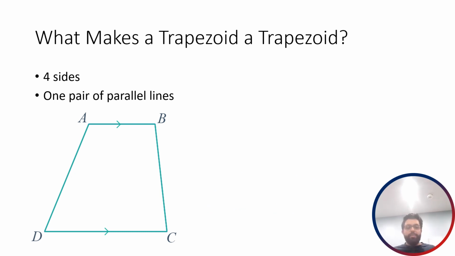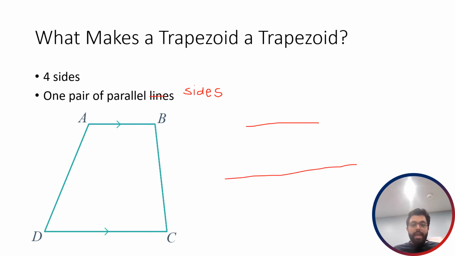All right, two more, and then we're done. What makes a trapezoid a trapezoid? A trapezoid is a four-sided shape, a quadrilateral, that's got one pair of parallel lines. It says parallel lines, but maybe this should say parallel sides. If you look at the diagram down there, you'll see that the top side and the bottom side have little arrows through them. That's saying that those two are parallel. They don't have to be the same length, and the other two sides don't have to be parallel to each other.